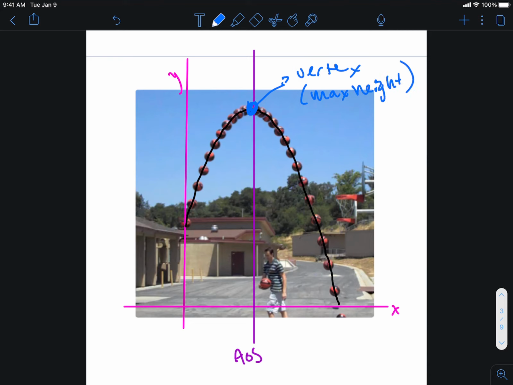What if I asked you from what height was the ball shot at? Well, where is that? That's over here. That's where the ball got shot from. Well, what does that look like? That looks like a Y-intercept.